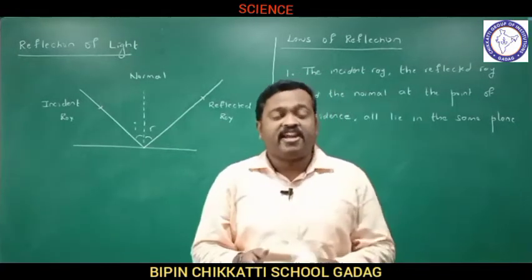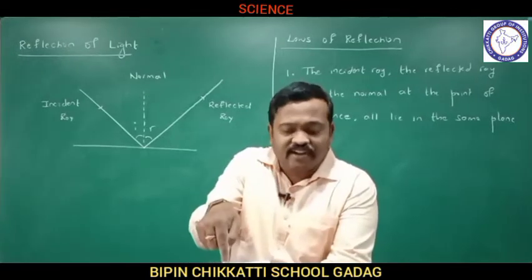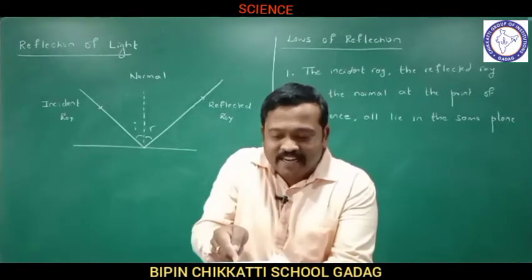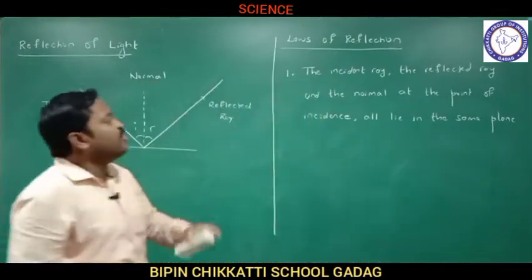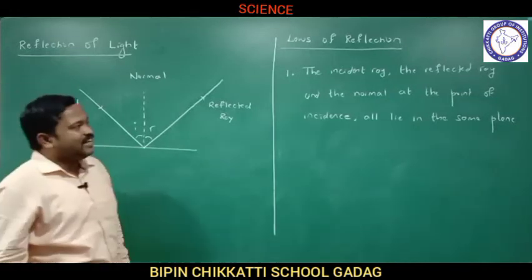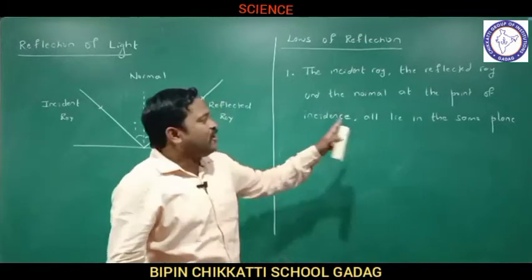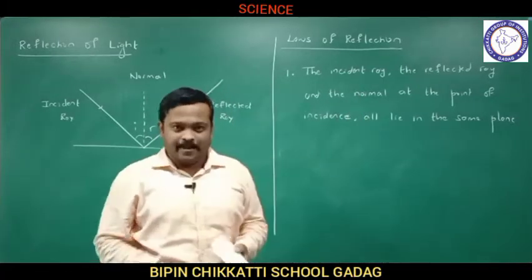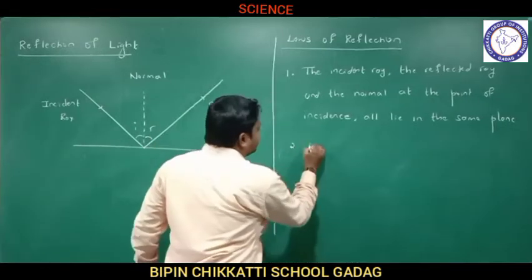The reflected ray cannot come out of the plane. If the incident ray is on the duster, the reflected ray must be on the duster. That is the meaning of the first law of reflection. The second is about the angle of incidence and the angle of reflection.